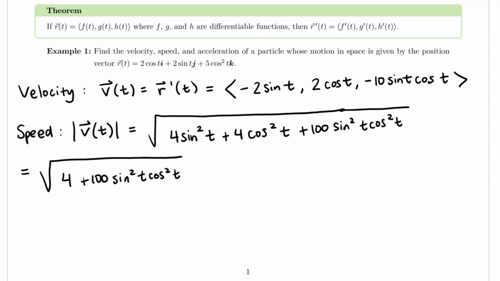In terms of further simplification, if you wanted to, notice that both terms are divisible by 4, and then we could take the square root of 4, which is 2, and bring that outside the square root. I'm okay either way.